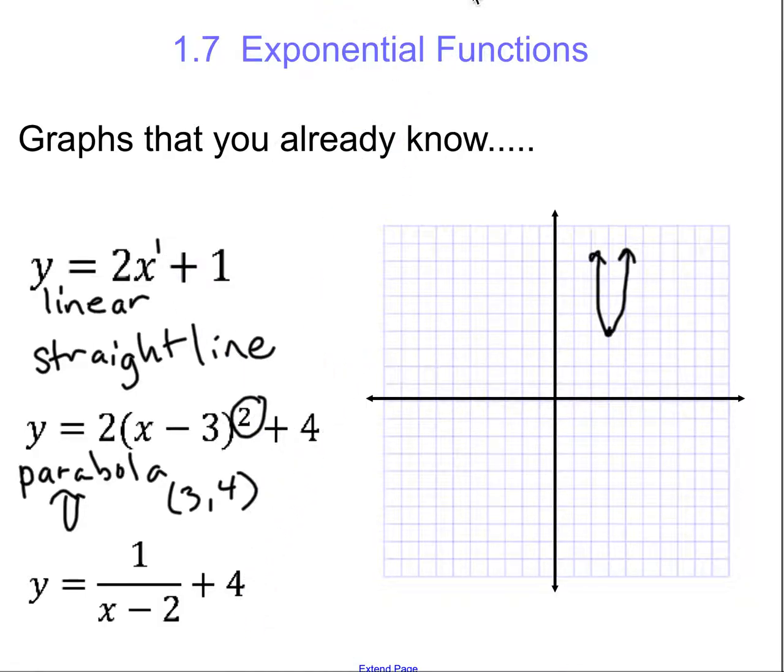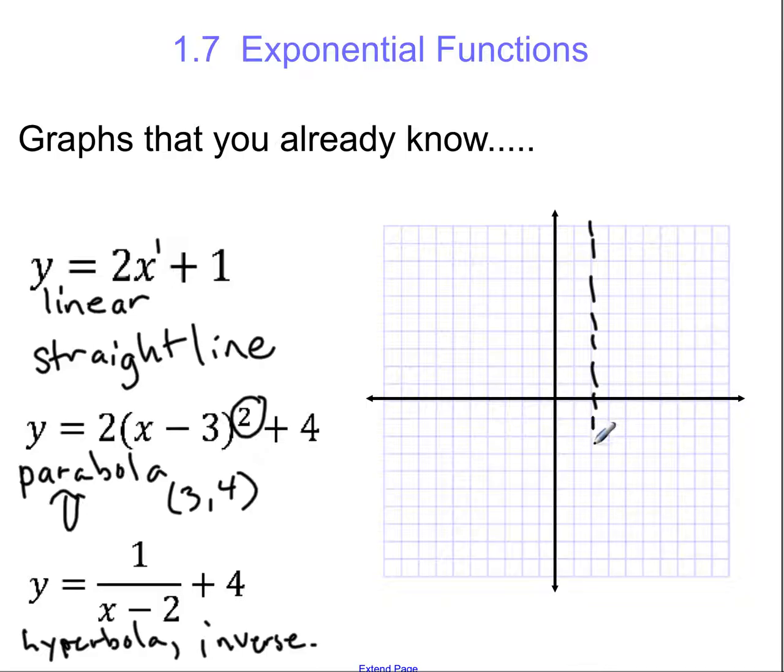Okay, finally, our last one was also from the last book. This one, we're dividing by x minus 2. So this, of course, was a hyperbola, or an inverse relationship. I knew I have an asymptote at x equals 2 and an asymptote at y equals 4.